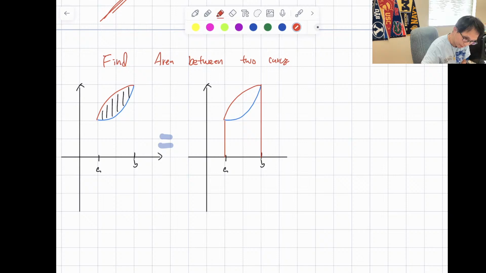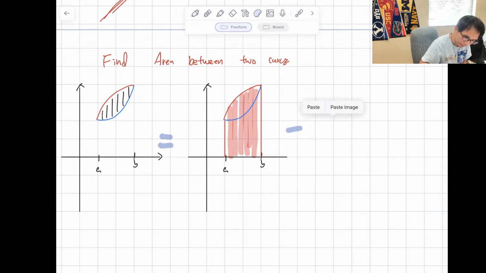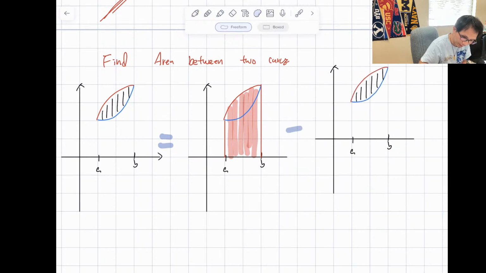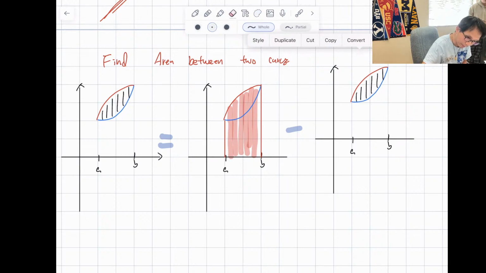Sorry, let's do it this way. And that's subtract, right? Subtract, paste here, subtract this part.